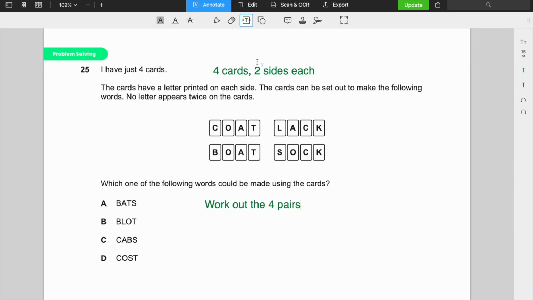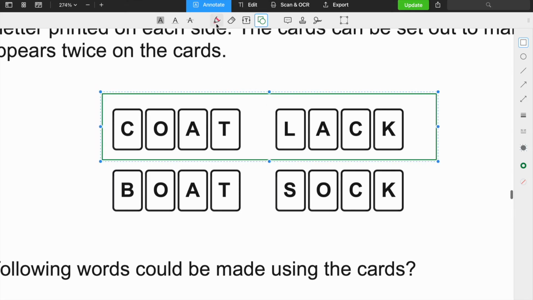The best way to approach this question is to compare the different sets of words and look for similarities and differences. So I'm going to compare these 2 sets first of all. The similarity is C and A. So that means O, T, L, and K are different.